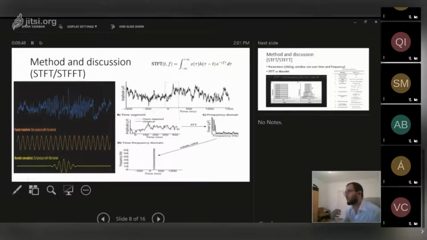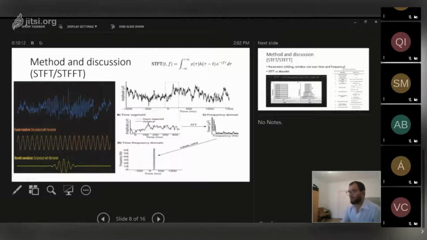If you have more power, it goes more red. And this is for that specific window time. We have a Fourier transform of that specific time.